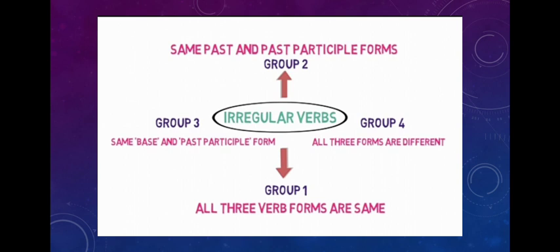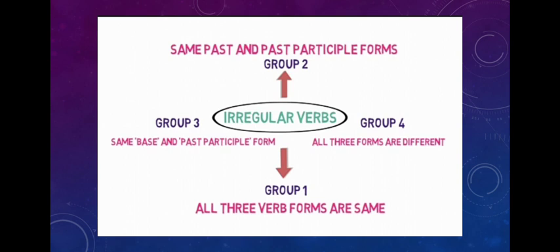So group 1, that is all three verb forms are same. So in group 1, in this category, all the three forms of verb are same. In group 2, simple past and past participle forms. Here we would be using the simple past and the past participle.